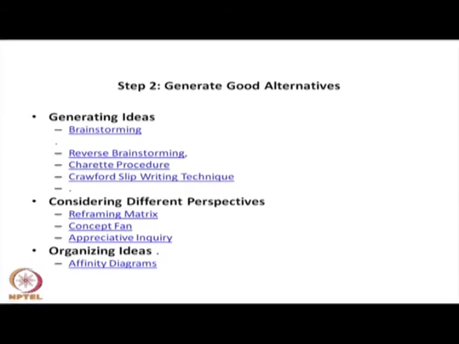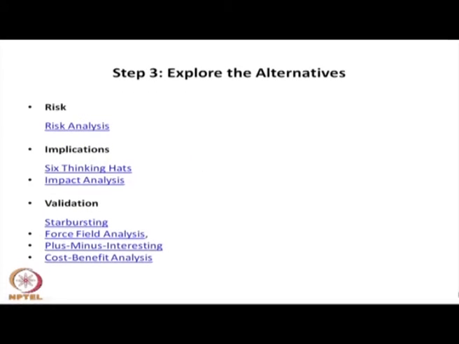These are the techniques again which may tell you how to be tolerant to the different perspectives. When you're talking of the ideas from the part of the organization, the tools which are used are more as affinity diagrams.